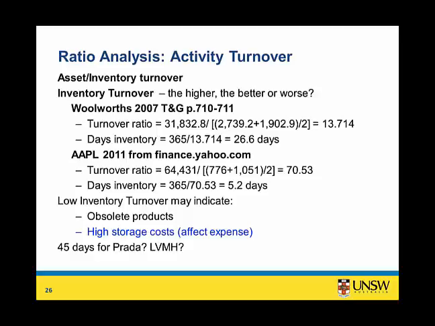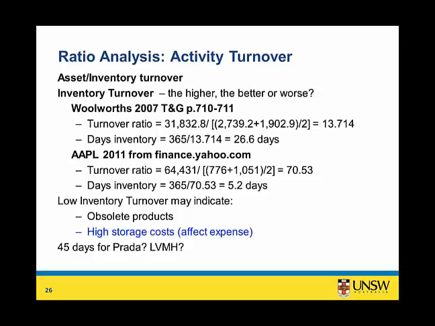If we consider also Prada and LVMH, which is Louis Vuitton Group, both of these have a very slow turnover, so 45 days. So the margin on one of these products, we need to remember, is considerably higher than the margin on bread, milk, or toothpaste for Woolworths.